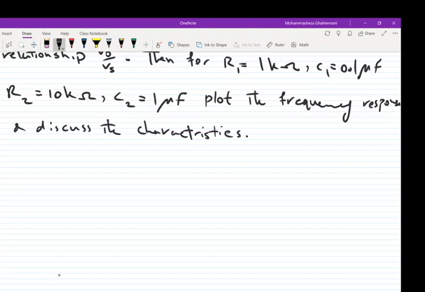Okay, so here we have a filter for which different parameters are given, and we want to plot the frequency response.